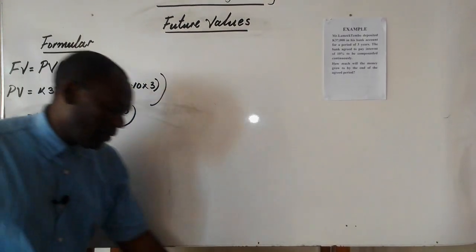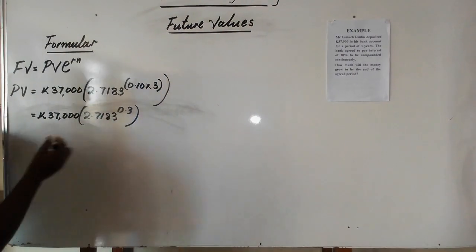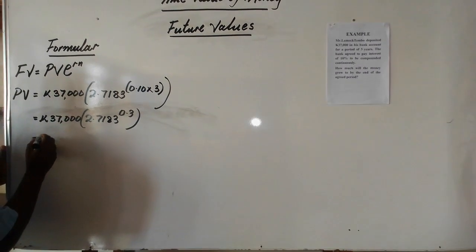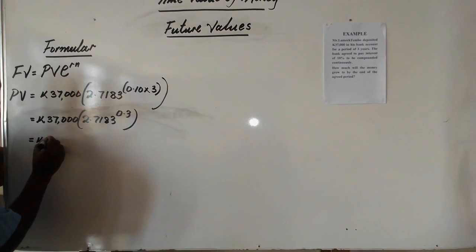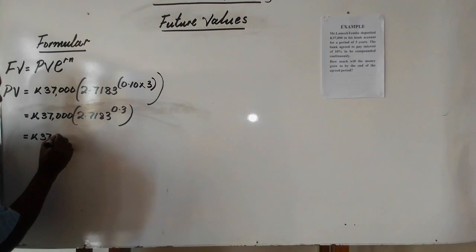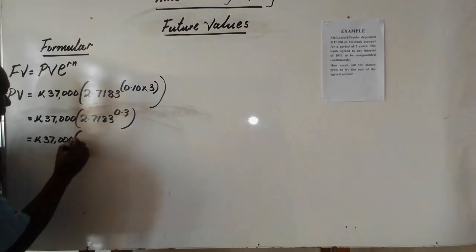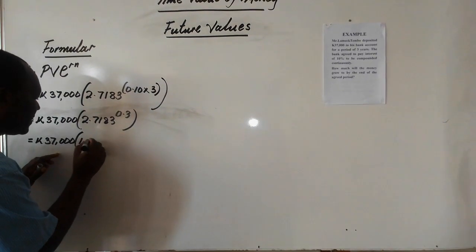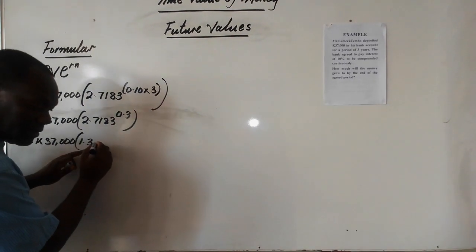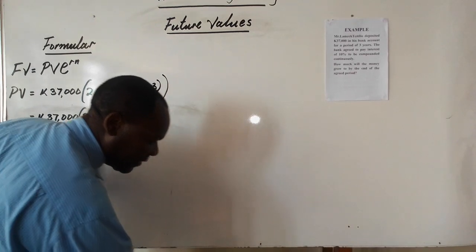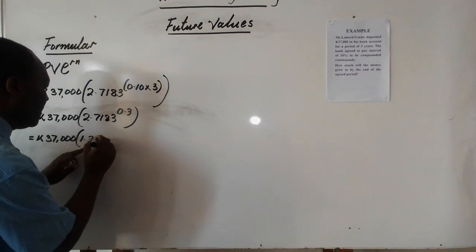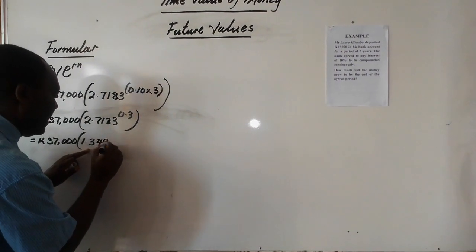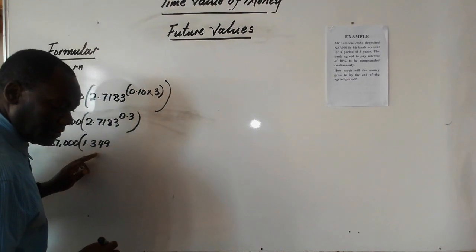Okay, so what I've gotten here will be like this: 37,000 times 1.3498. I'm checking my computations there.